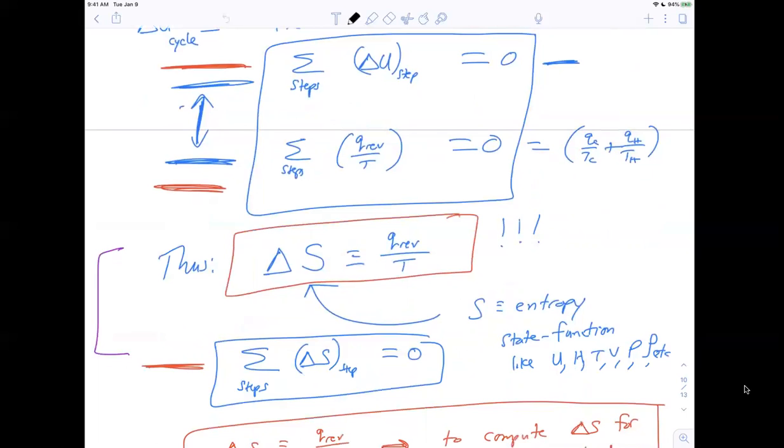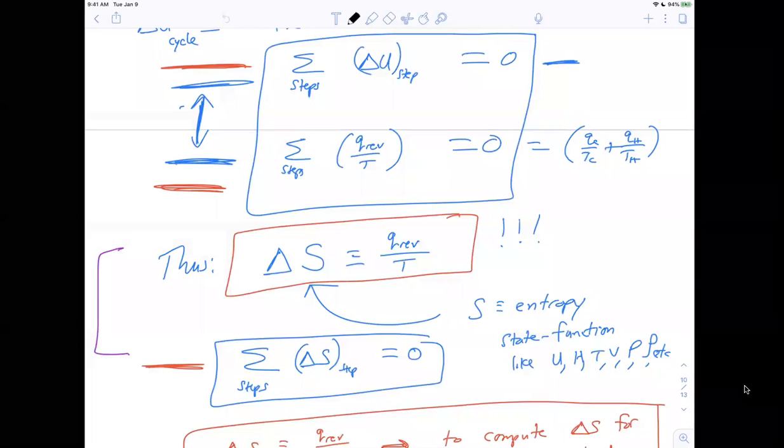So this is how entropy arose, more or less, in a phenomenological way. We're kind of spoiled now that we have this idea of atoms and molecules, but those people back in that time period had no concrete idea of how to define things and work with them mathematically. So we have delta S, which is Q reversible over T.